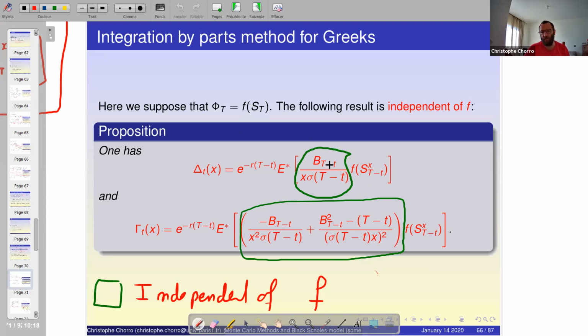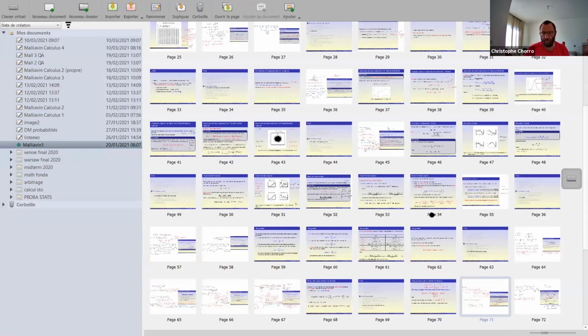And here, if you take this weight at time t equal to 0, you have W_T over x sigma capital T. So it's slide 66 of the first slides I have given to you at the introductory part of the course. You see that the weight you obtain here is exactly the weight I obtained in my computation here using the proposition 8, the proposition 9, the one I obtained here.